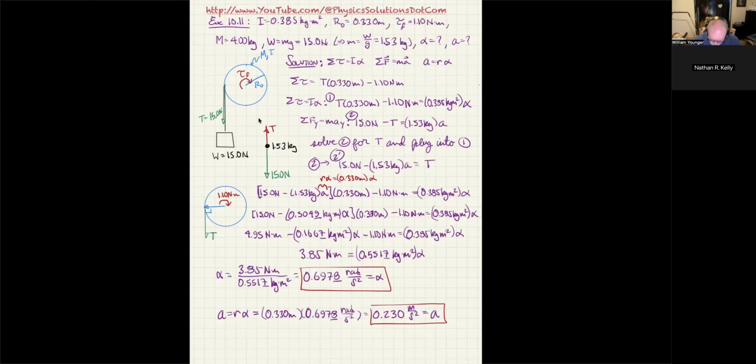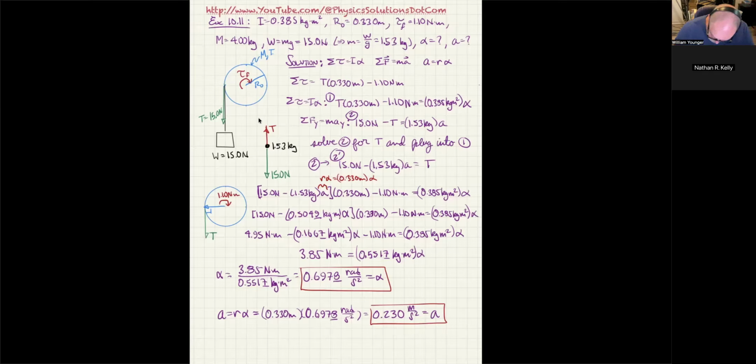And then I divided that by... I had to add the new constant in front of alpha, which the 0.5049 was what I got for that kilograms times meters. That's 1.53. Let me see, 1.53 times 0.33.